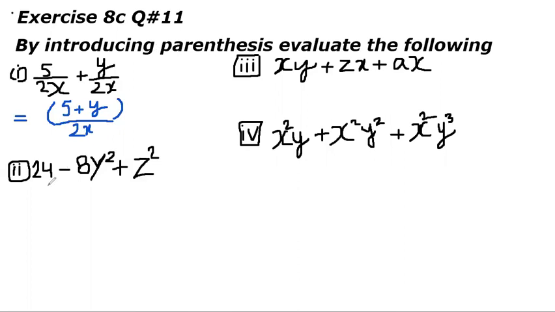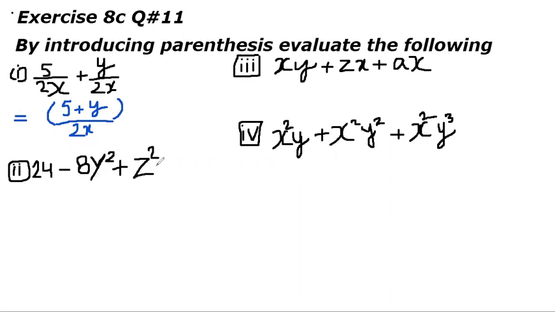In the next question, 24 minus 8y square plus z square. You can see that 24 and 8y square and z square: 24 and 8 are both multiples of 8, or in other words, 8 is a factor of 24 and 8, while y square and z square are unlike terms.